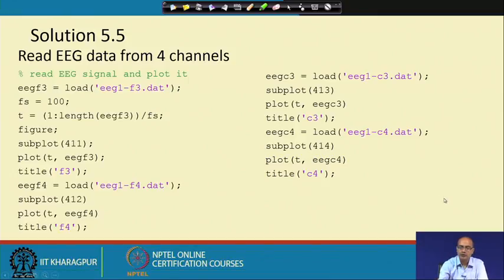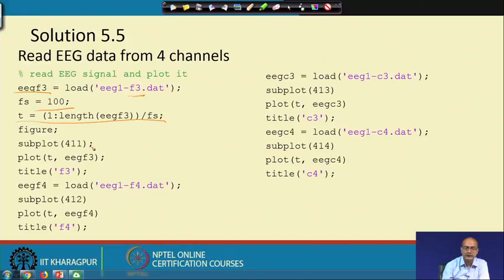So, now first we read those 4 signals. We load the F3 signal first, name it EEG F3, and the sampling frequency is 100 hertz. We first look at the length and set the time axis, and we plot it.